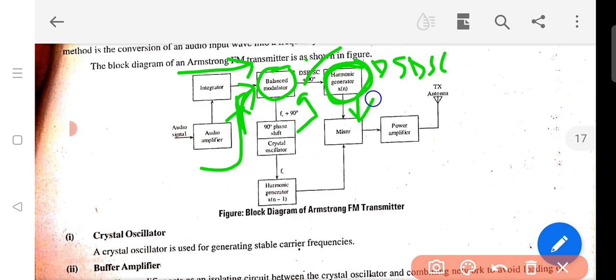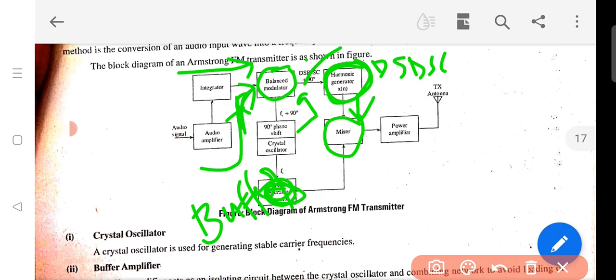That deviation is fed to the summer circuit, meaning the mixer or combining network. It is not denoted by mixer here, but no problem. Whether it is called a mixer, combining network or summer, you can call it anyway. This block is not a harmonic generator, it is the buffer amplifier; there is a printing mistake here.